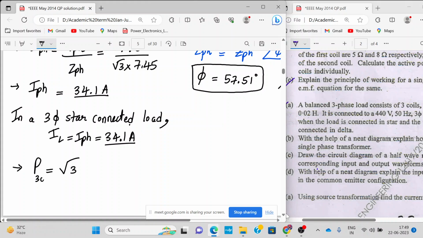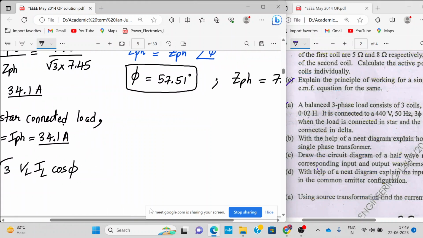Alright. So once we know the value of IL, we can calculate the active power P. P in three phase is given by, star or delta, the formula is the same: root 3 VL IL cos phi. VL is 440. IL just now we have found out, 34.1. Cos phi is cos of 57.51 degrees.